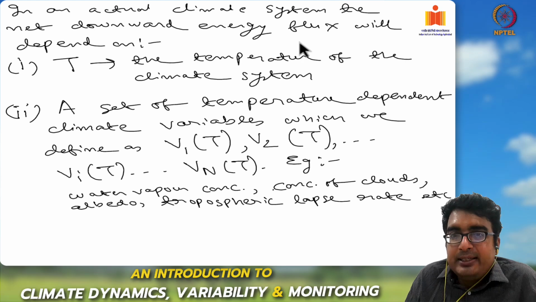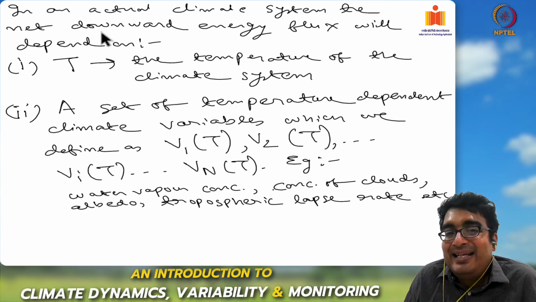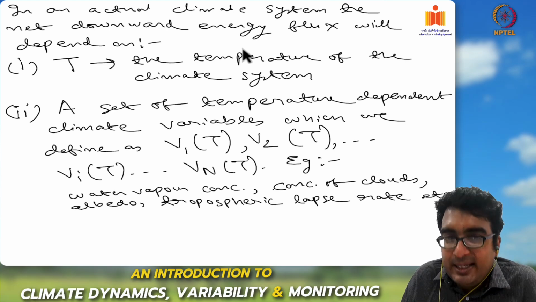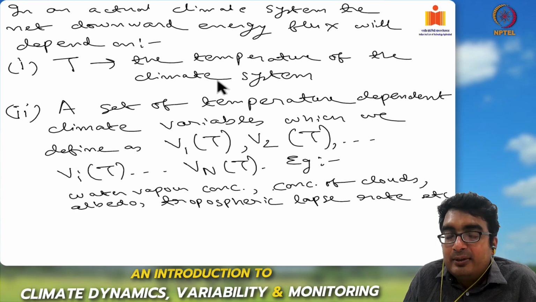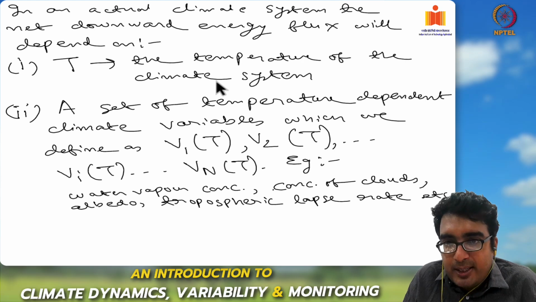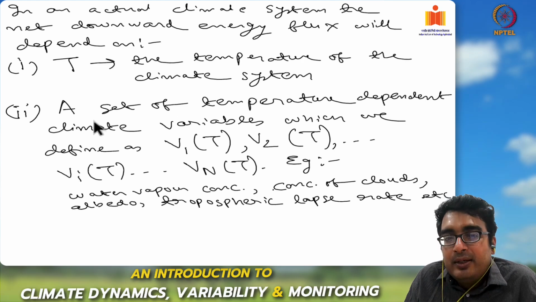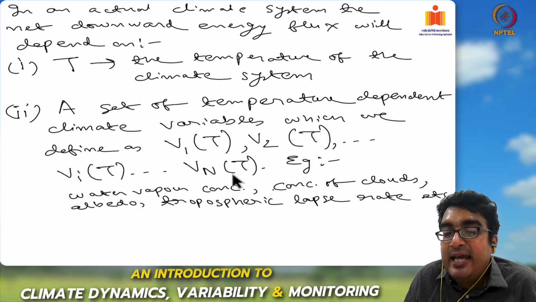In actuality, in a climate system, the net downward energy flux will depend on three things. Firstly, the direct dependence on temperature, the temperature of the climate system itself. Then second, a set of temperature dependent climate variables which we define as V1T, V2T, going up to say VNT.